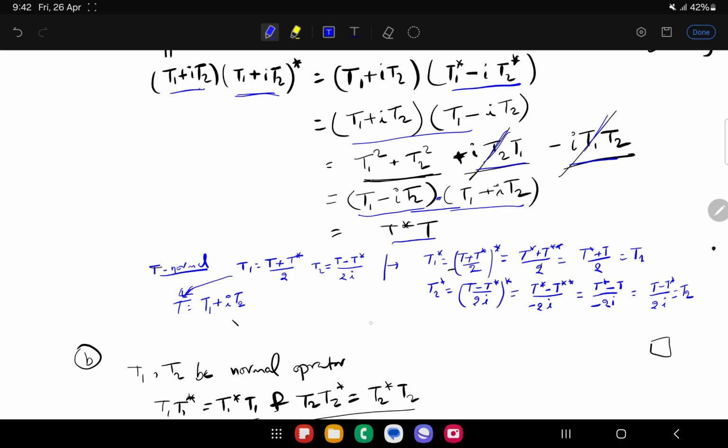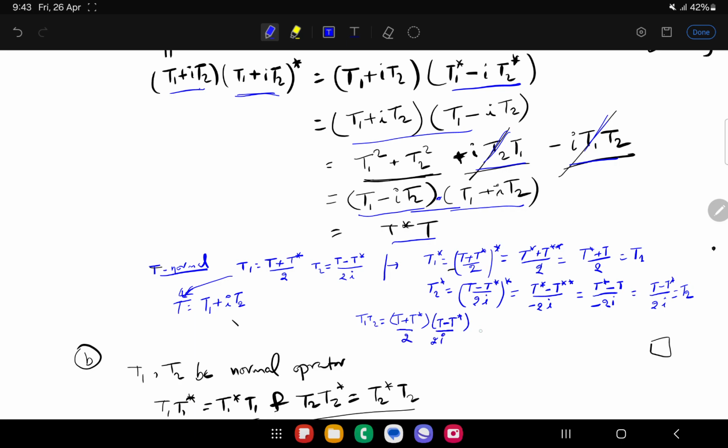To check commutativity, let's see, t1 t2 is equal to t2 t1. So we have t1 t2 is equal to t plus t star by 2 times t minus t star by 2i.